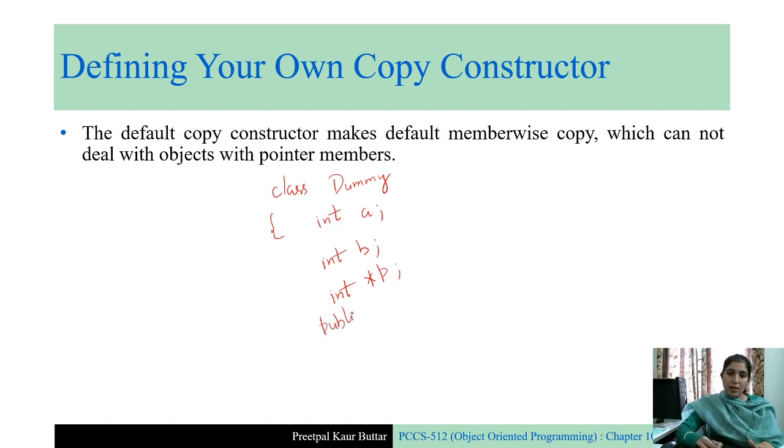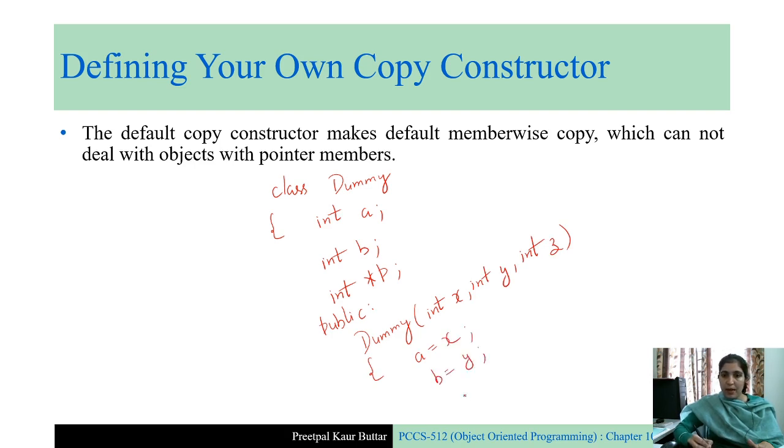In the public section we have a constructor dummy, and we have some variables, int x, int y, and int z as the formal parameters. So a is equal to x, b is equal to y, and p is a pointer, so it will contain the address of an integer.